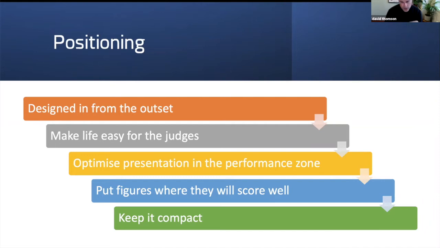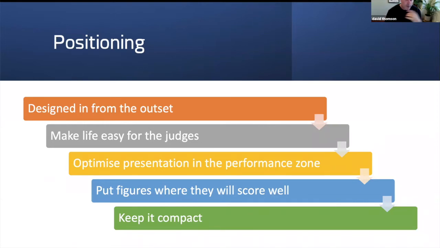And you also want to optimize your presentation. So you want balance, and you want each figure to be in the right place, because depending on the figure, the judge's perspective is really important, how they see that figure.